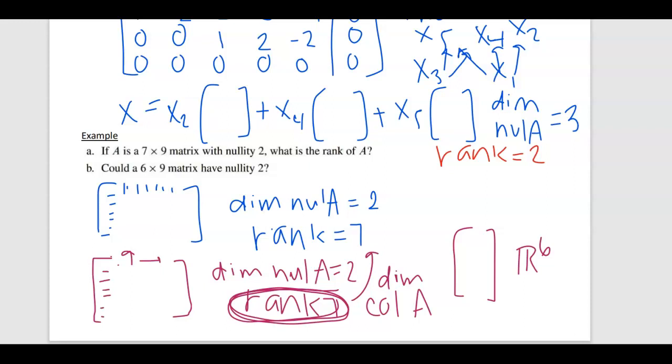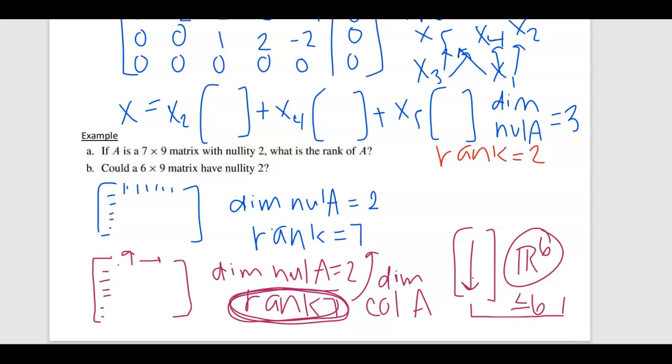So I can't have bigger than 6 of these because they're in R6. So I can't end up having more than 6 of them. The number of these has to be less than or equal to 6. We said that back with the dimension. You can't have a linearly independent set bigger than your number of vectors for n.